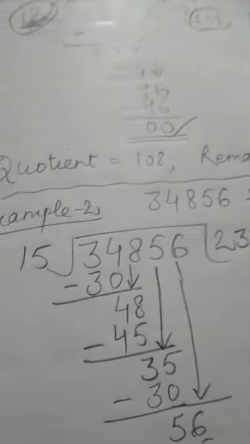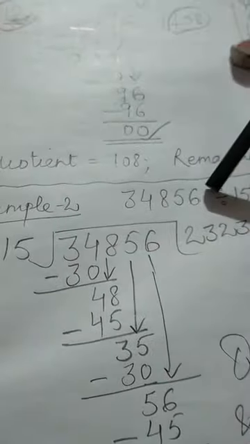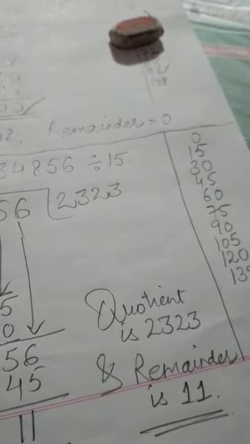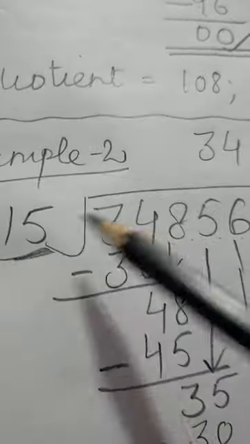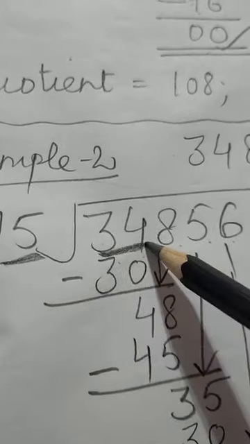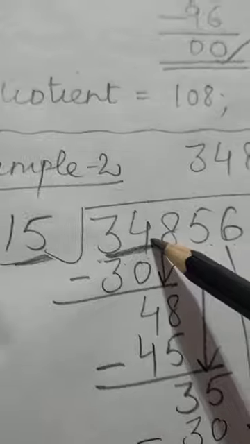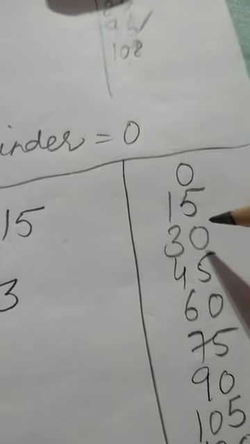Now see one more example, 34,856 divided by 15. Here you will first write the table of 15 on the side of the notebook. After that, in 34,856 you can see the first two digits, so we take 34. Now see the table of 15. What can be written under 34?